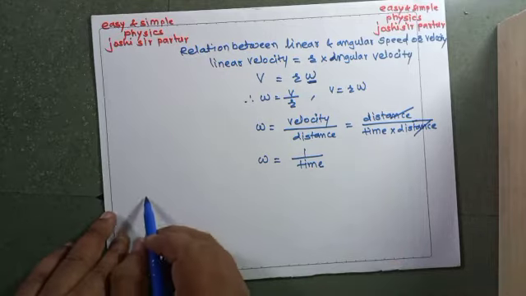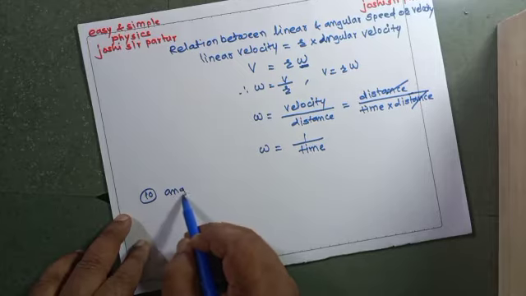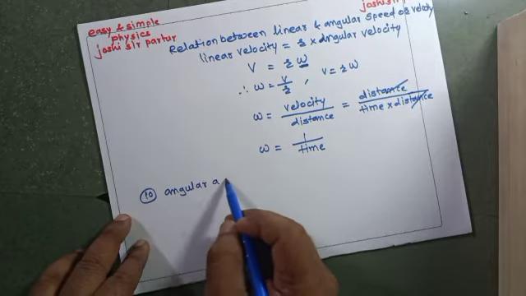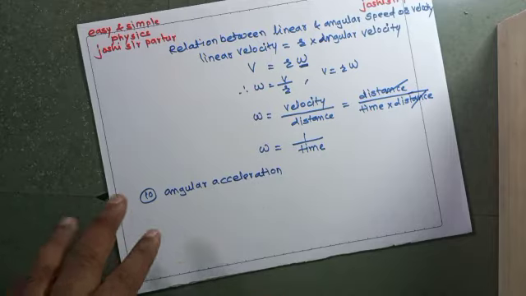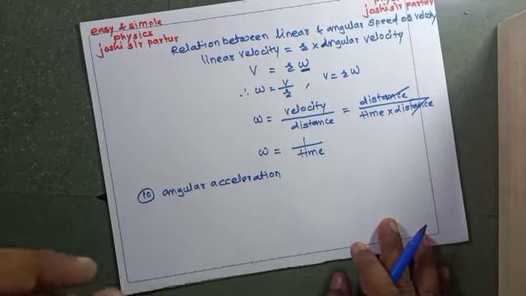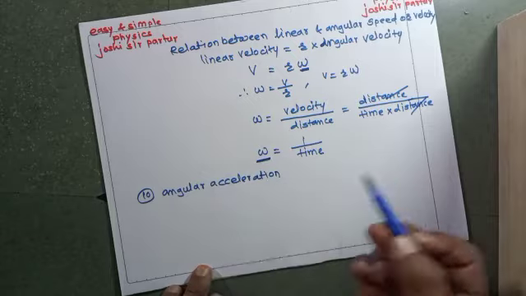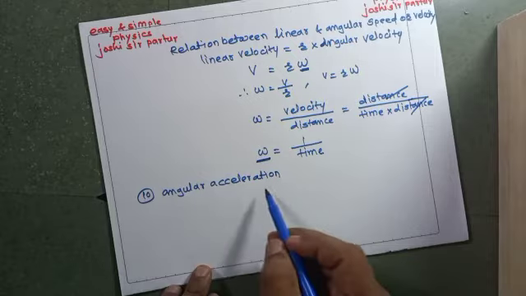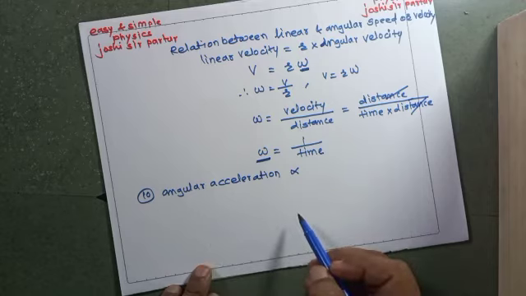The next physical quantity is angular acceleration. Just as angular velocity is denoted by omega, angular acceleration is denoted by alpha.